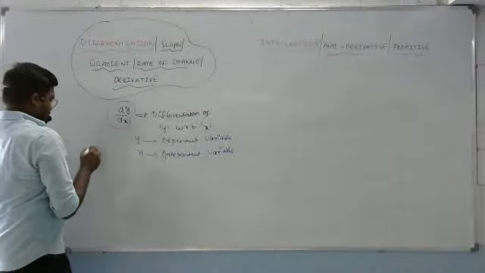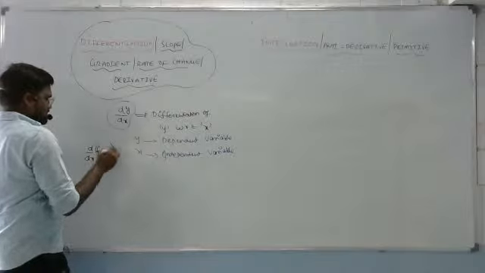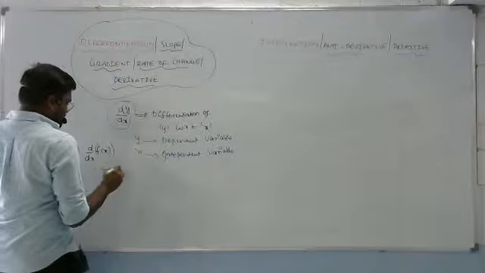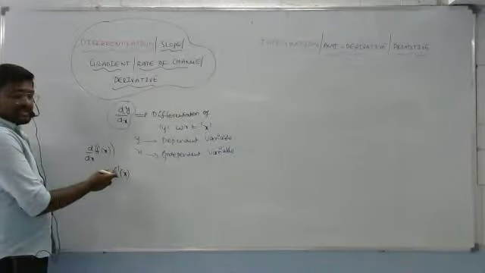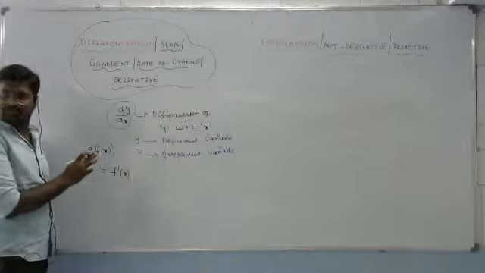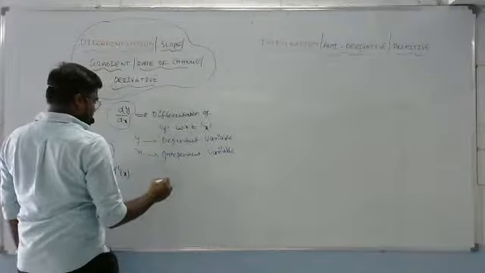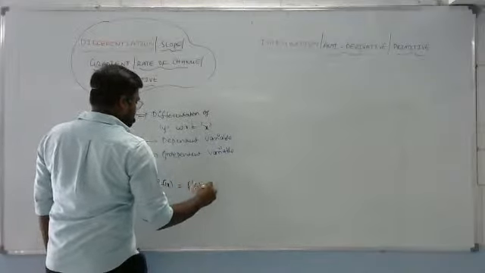So basically, d by dx of a function f of x is written as f dash of x. It is another symbol for differentiation. Understood? So I'll write down here, d by dx of f of x is the same as f dash of x.